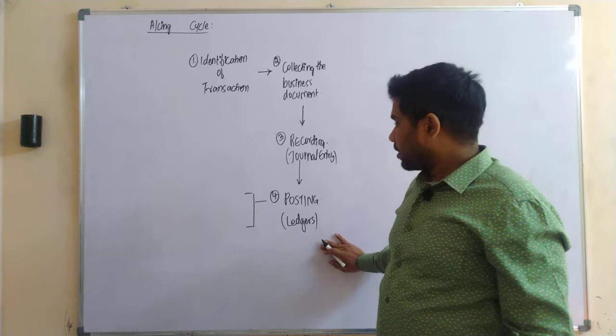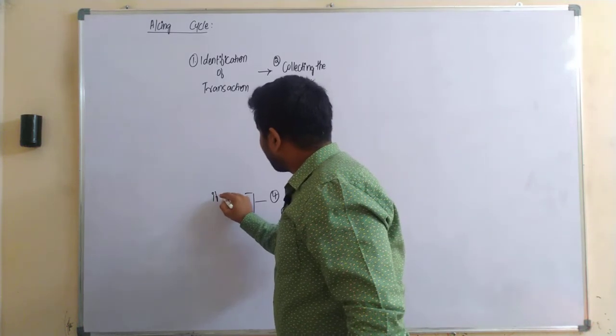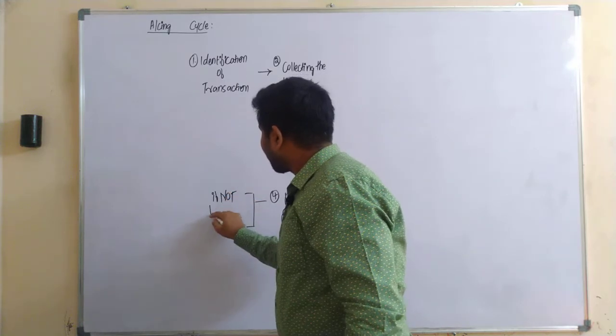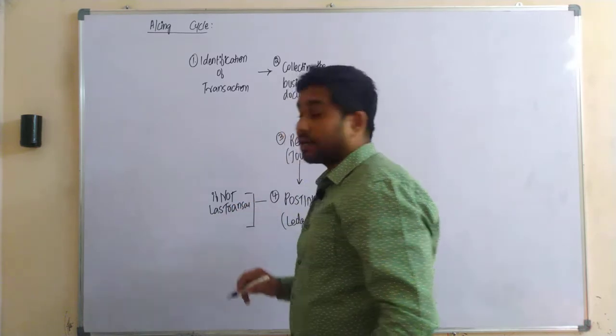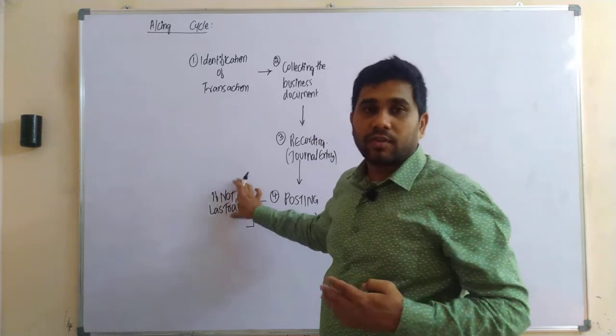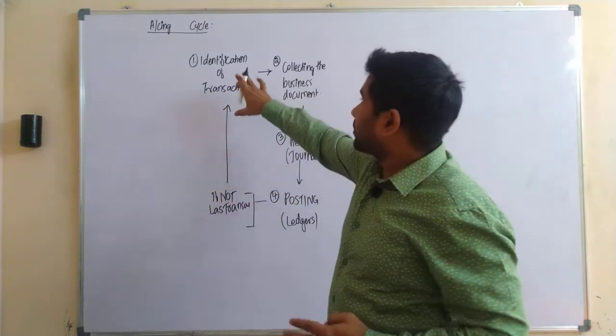Next one. If the transaction is not the last transaction, that means if that is not the last transaction of the accounting year, then your cycle continues with identification.